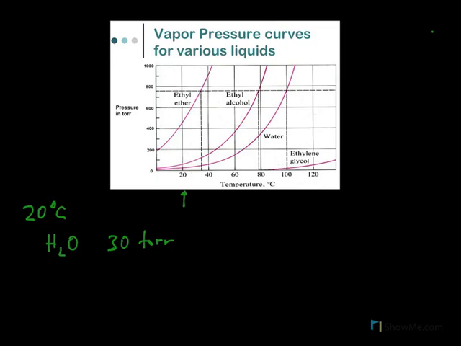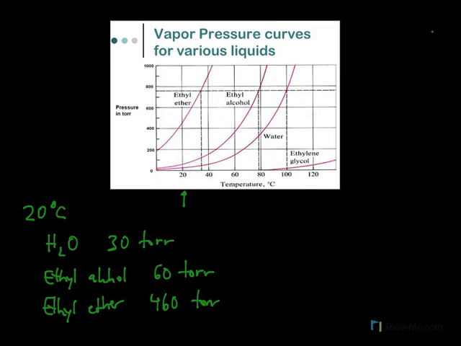And we have ethyl alcohol, and its vapor pressure at 20 degrees is, let's say, 60 torr. And we look at ethyl ether, and its vapor pressure is higher. It's around 460 torr.